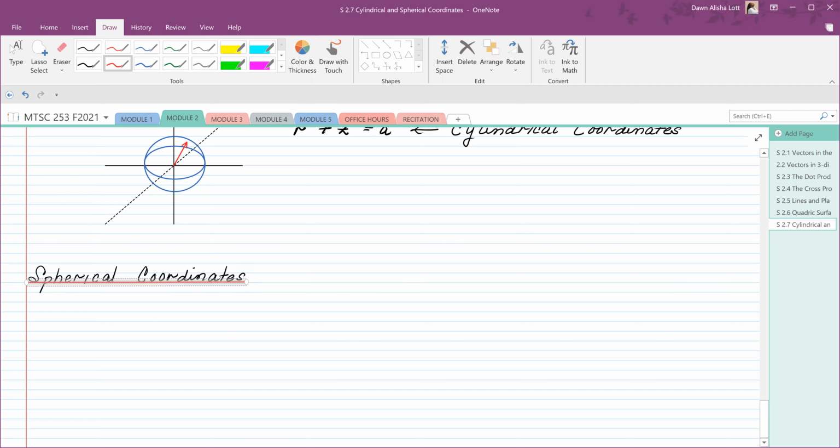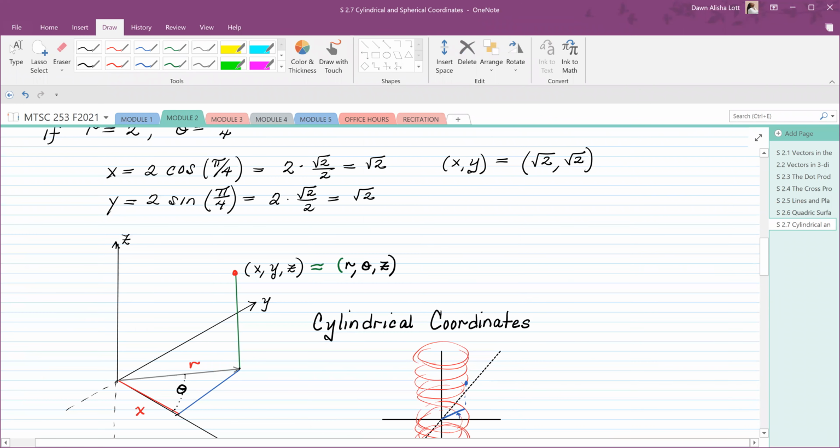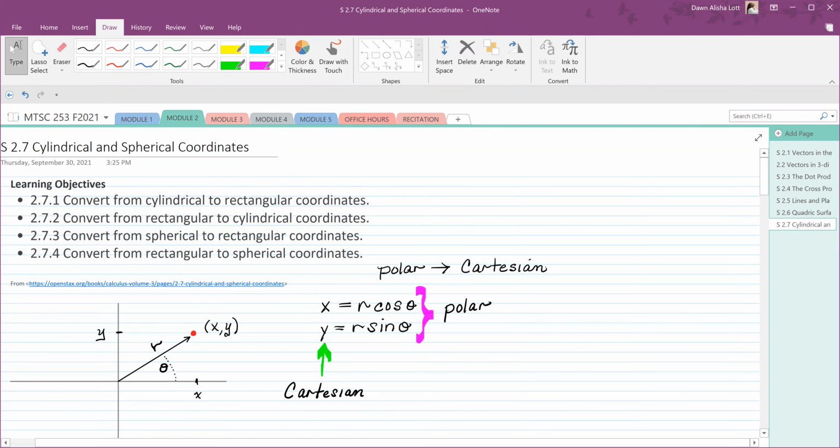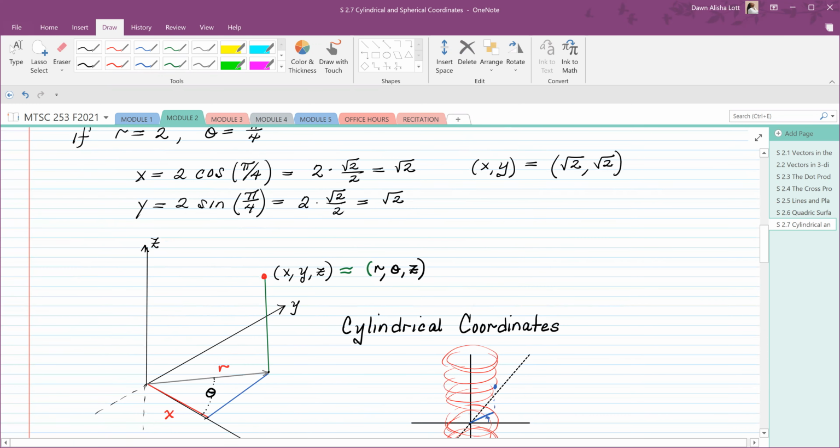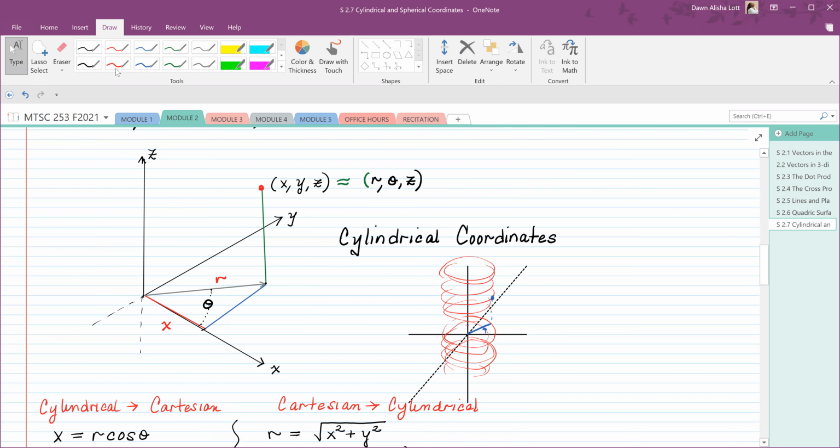Okay, so we did cylindrical coordinates. Here it is. So cylindrical coordinates assumes pretty much that we're working on a cylinder, or in a soda can.